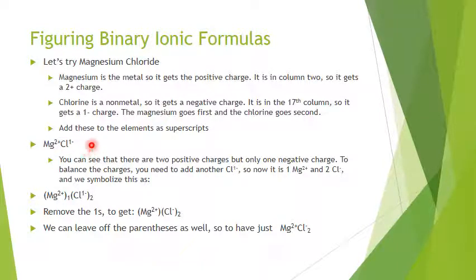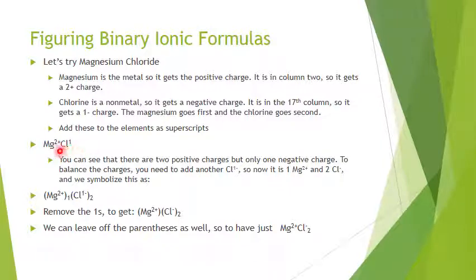Now, what you want to do is have the same amount of negative charge as positive charge. But what you can't do is change these numbers. I can't change this to 2 and this to a 1. What I have to do is either add, and maybe sometimes subtract, elements from what I have.